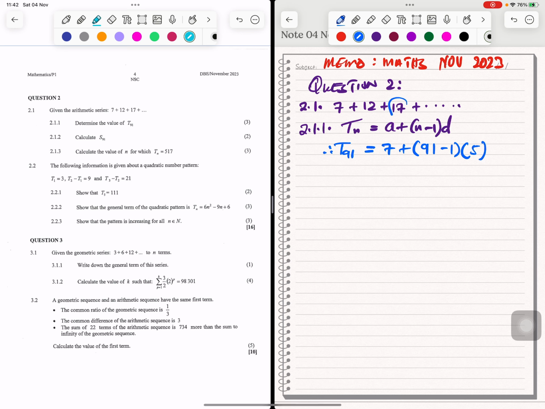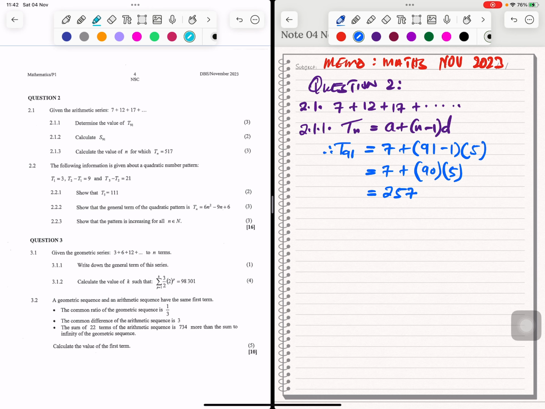You can say 17 take away 12, it will boil down to the same answer. So that is going to give you 7 plus 90 multiplied by 5. If you use the calculator properly, you're going to get 257.